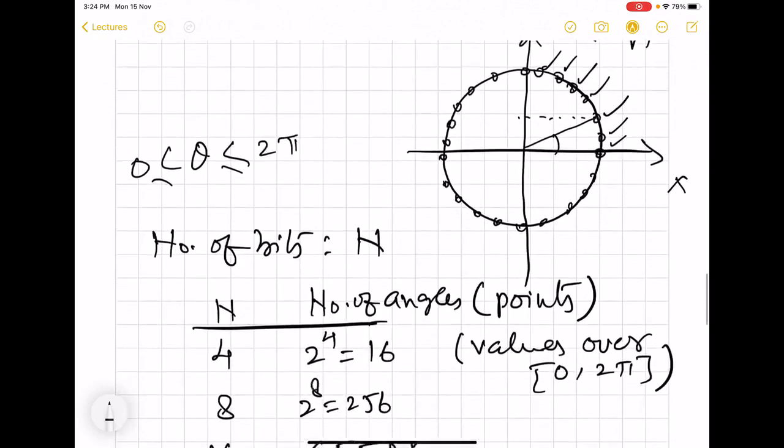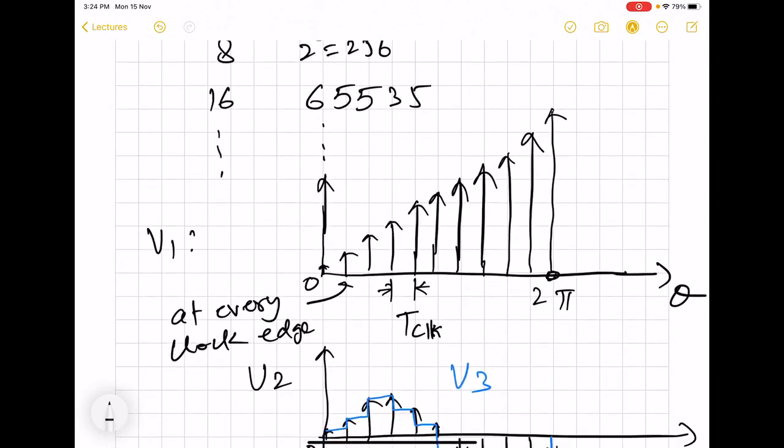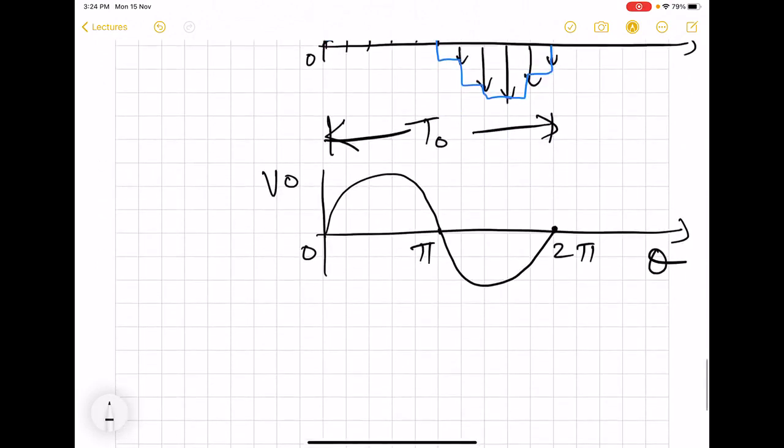So here we can see that what we have done is that we have taken 2 raised power n number of samples to produce one sinusoid. So its period is T naught, and frequency is F naught.